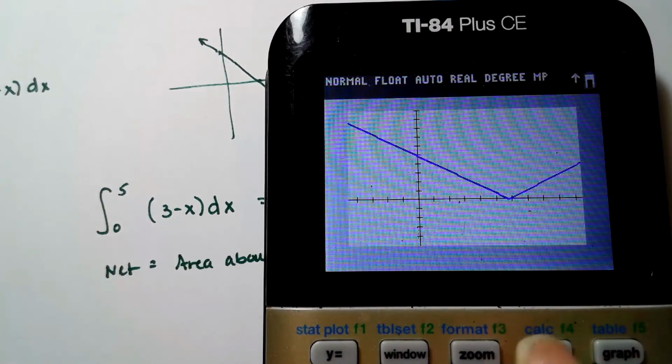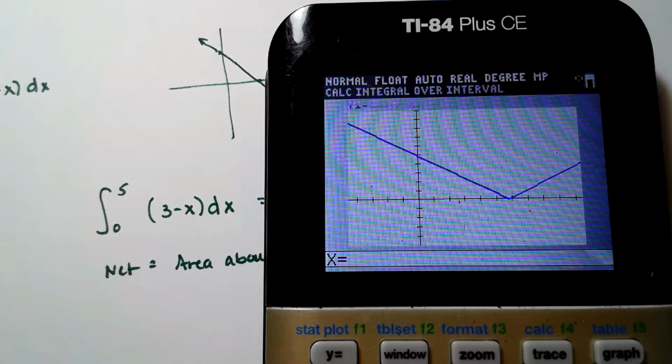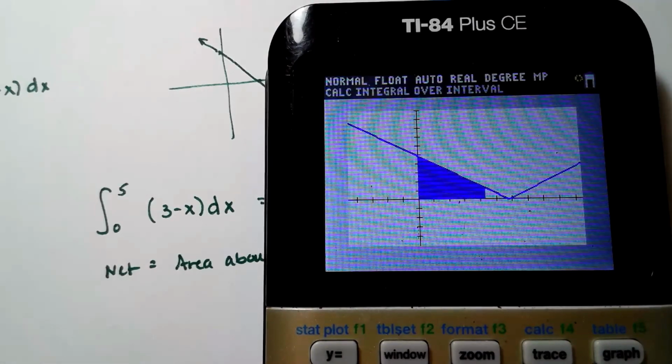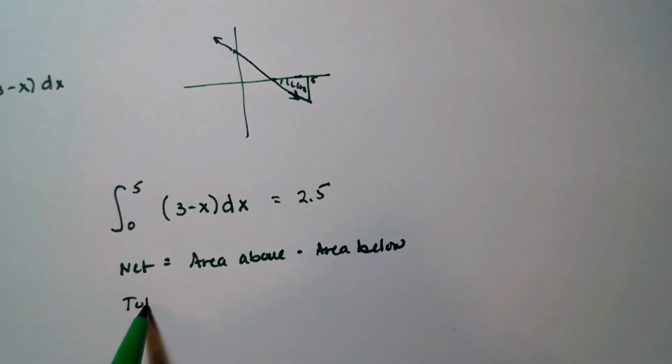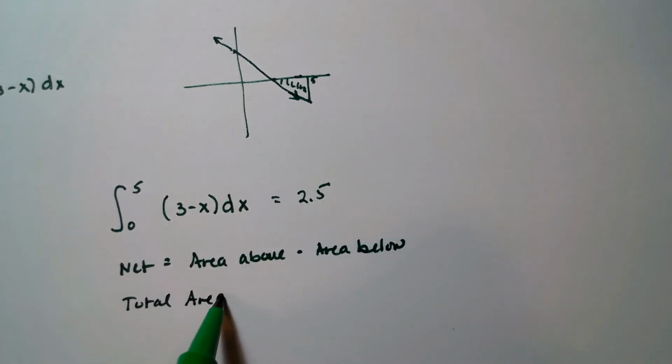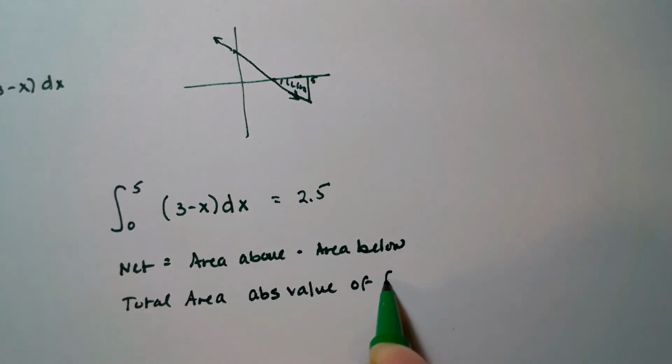And now if I do second calc 7 from 0 to 5, then it's going to add all the areas above, and you see it's much different at 6.5. So quite a difference. For total area, you're going to have to take the absolute value of f of x.